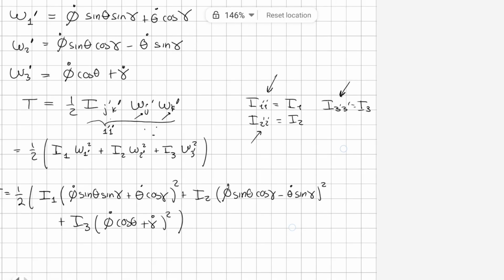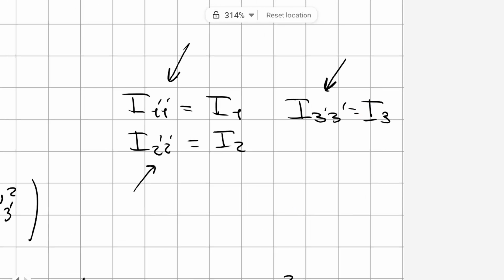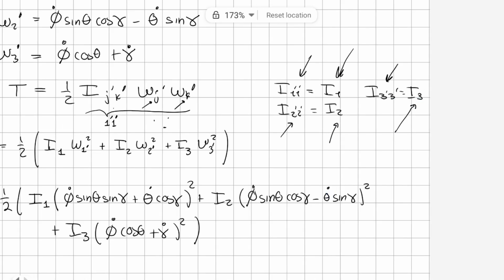Remember also that when we have the matrix representation of the inertia tensor, and that corresponds to a diagonal matrix, the diagonal entries correspond to something that we call the principal moments of inertia. So in this case, these are the elements that we have here. These are the principal moments of inertia of that inertia tensor.